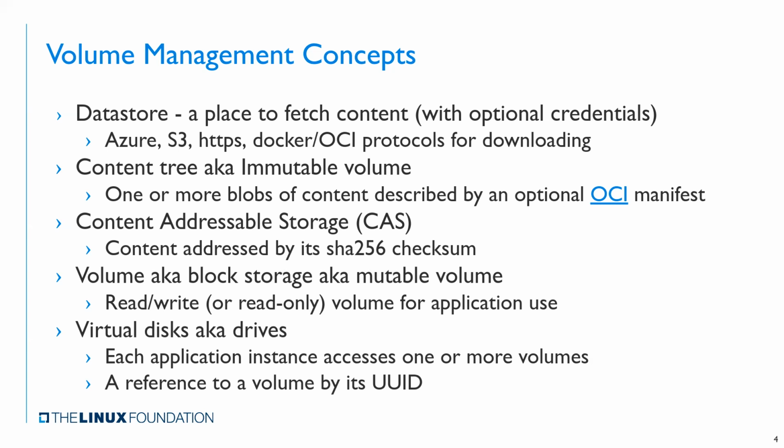The fact that it's a tree, which isn't shown on this list but is visible in the API, is that when it has multiple parts, in Eve we call them blobs, but in Docker parlance, they are the different layers of the content. Those are the things that get stored into CAS, and you can pull that from anywhere.